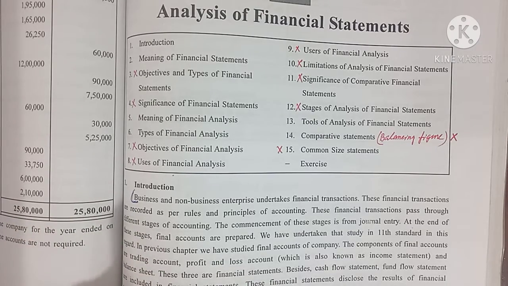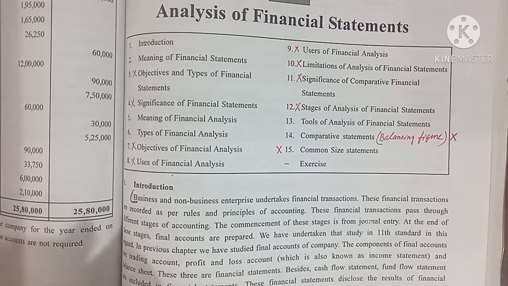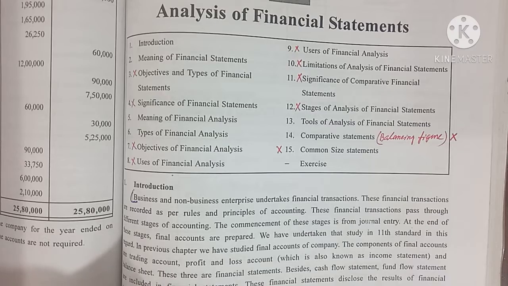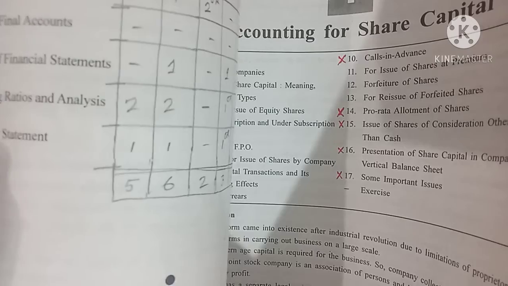So these things, the trading account, profit and loss account and balance sheet, are financial statements. Apart from that, one or two more things come, called the cash flow or fund flow statement. The cash flow and fund flow statement is not explained in this chapter; it is the last chapter, the 6th chapter of your textbook. I just want to give you a few ideas.